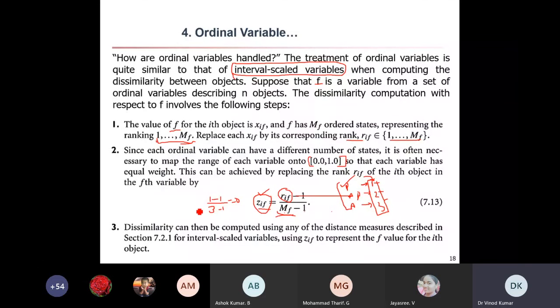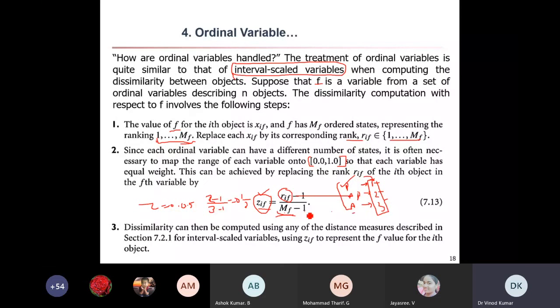So for professor, the Z value will be 0. For associate professor, r is 2, so 2 minus 1 is 1, and 3 minus 1 is 2, so the value will be 0.5.